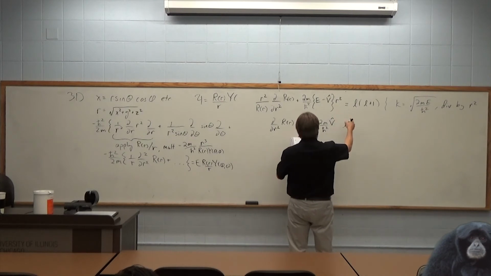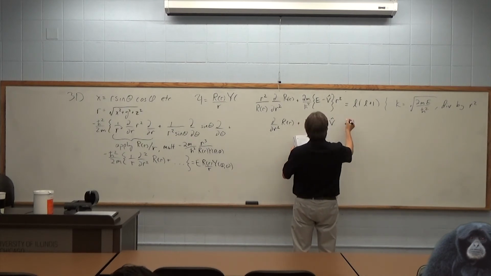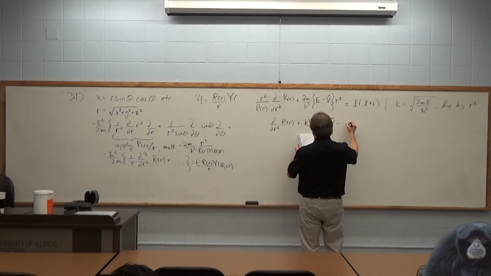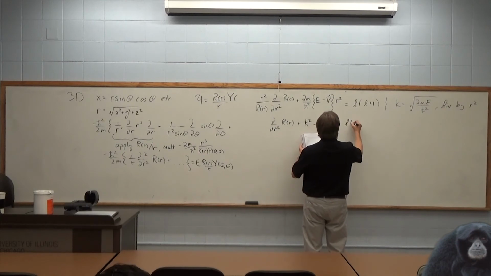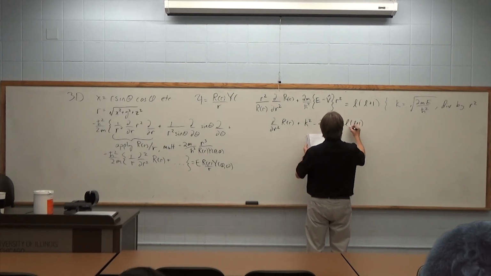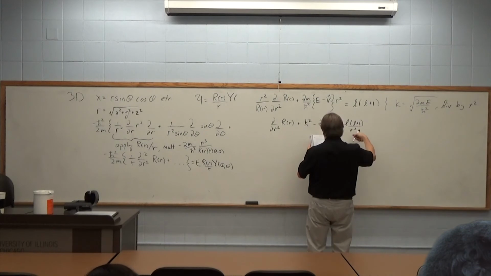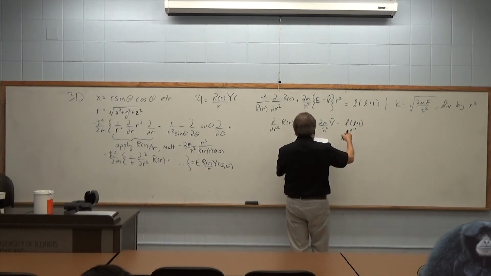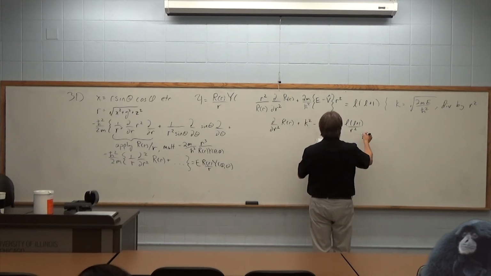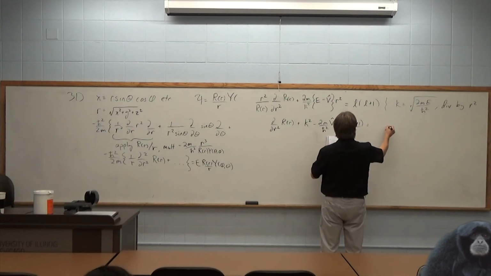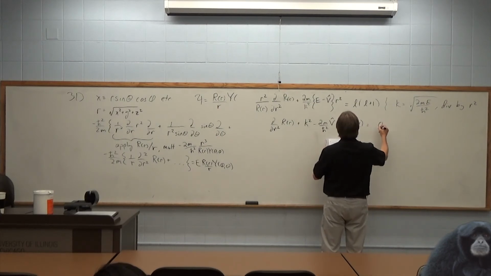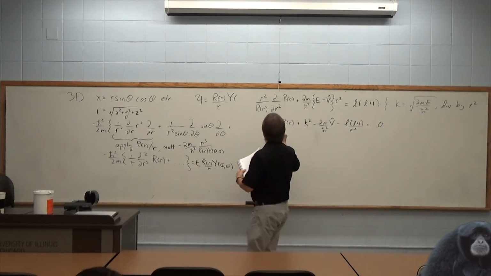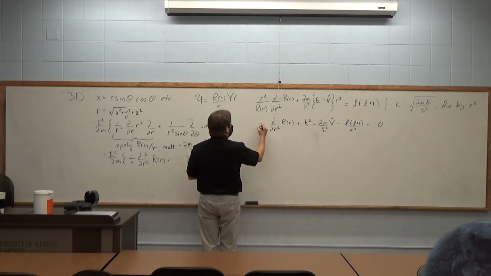Okay, the R's get wiped out. Now I'm going to bring this to the other side. And divided by R squared. That's divided by R squared. So 0. Now remember, you may have noticed I was missing this 1 over the function in the separable form.